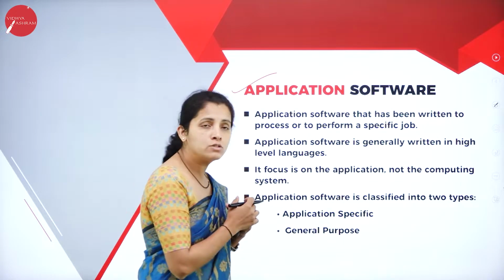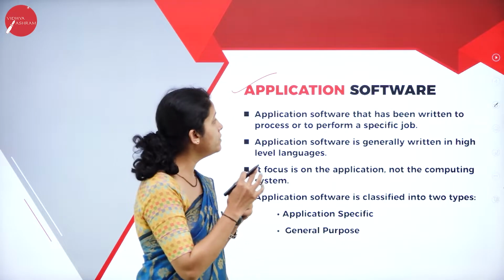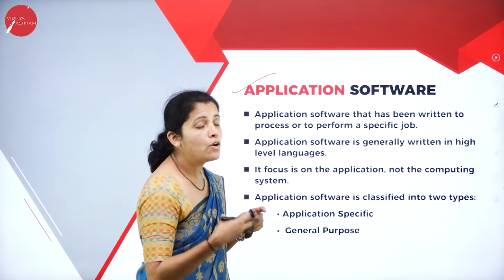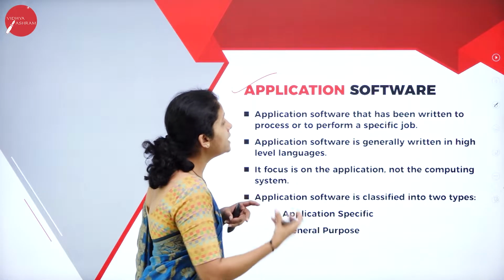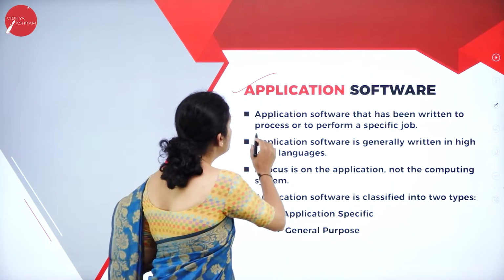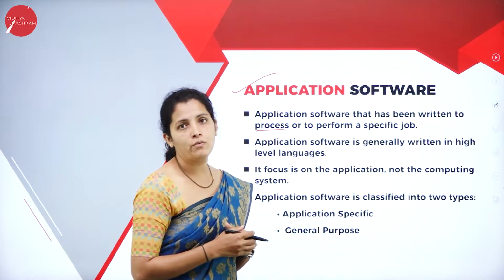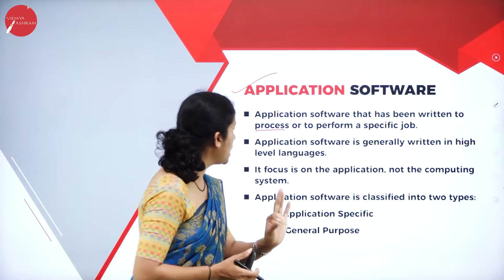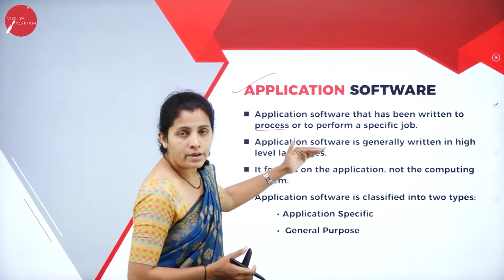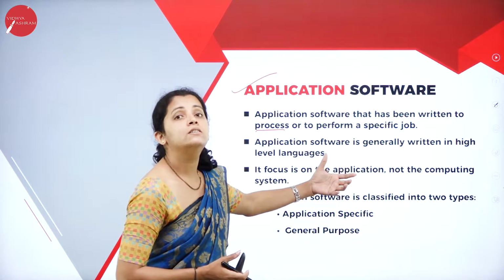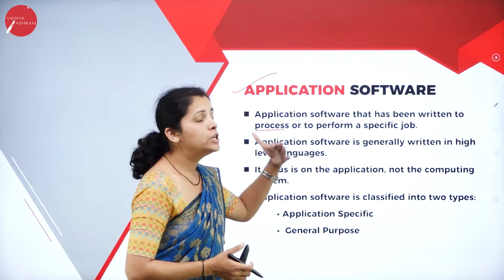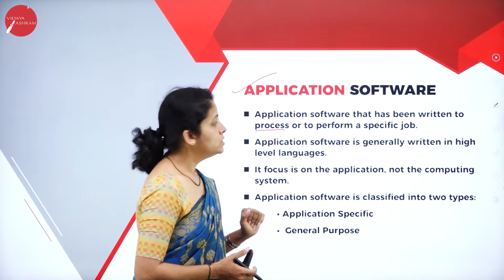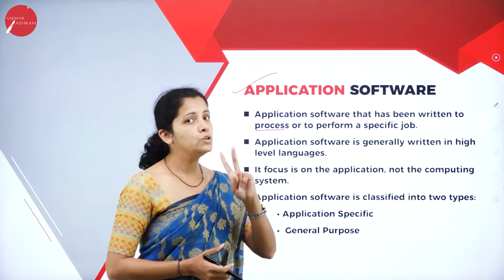So what is application software? Application software is nothing but the set of instructions that has been written to process or perform some specific or particular task. Application software is generally written or developed by using a high-level programming language. So here, what are the two things you need to remember?